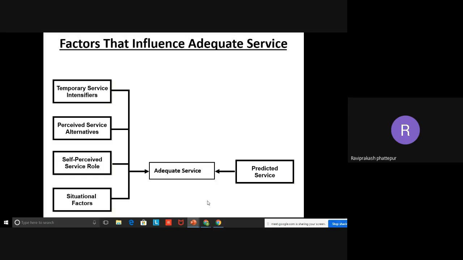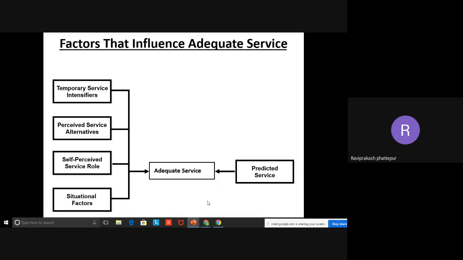Perceived service alternatives. Again I'll take the example of being hungry. You are going to a particular restaurant. You are sitting there, and you can go with your friend also. You are thinking of having food as you are very hungry, and you have ordered food, and the service is being delayed due to various reasons.